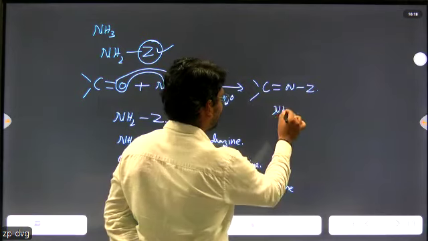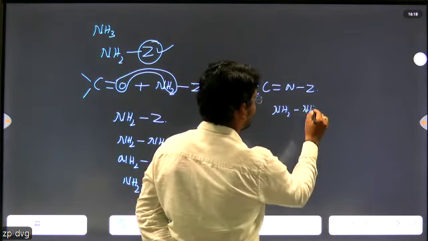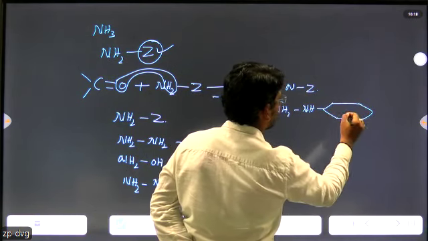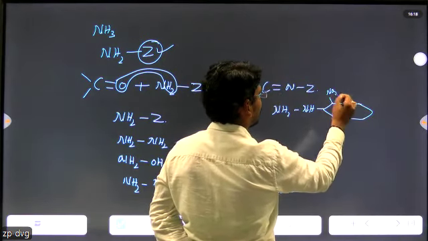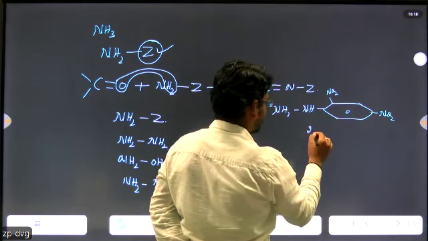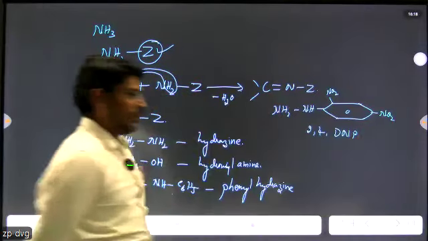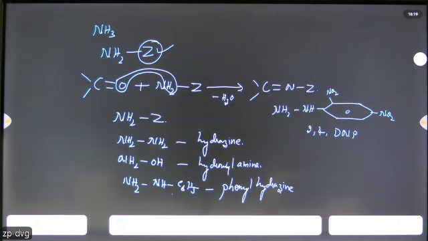And one more important compound: NH2, here NH, with a benzene structure containing NO2 groups. This is considered 2,4-DNP, and the name of this compound is 2,4-dinitrophenylhydrazine.